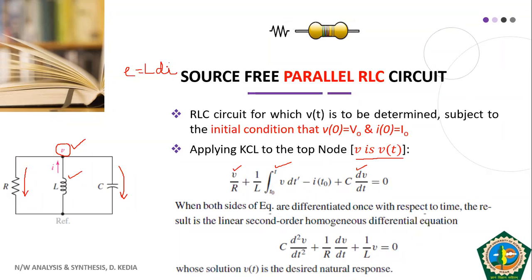If we want to find out i out of this equation, we have to take this dt to the left hand side. It will become e dt or v dt. Then L will be 1 by L, and since we want to obtain i, we need to integrate. So if we integrate, this is what we get: 1 by L integral v dt.